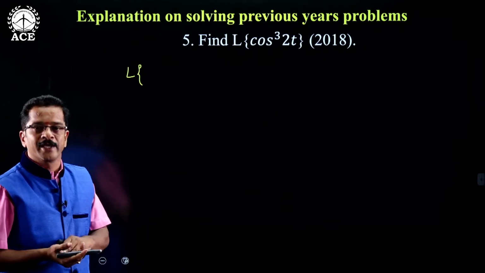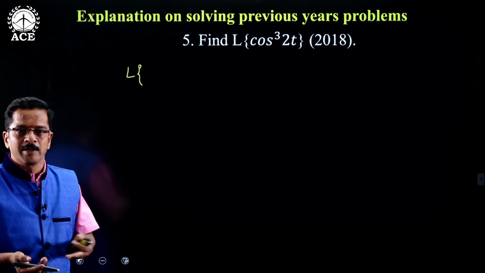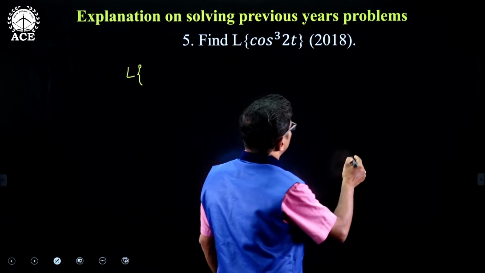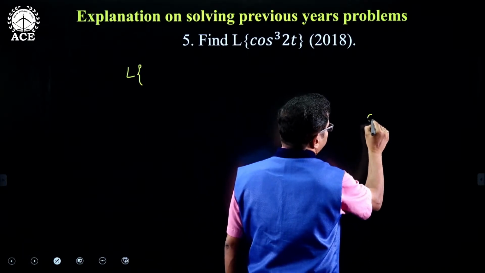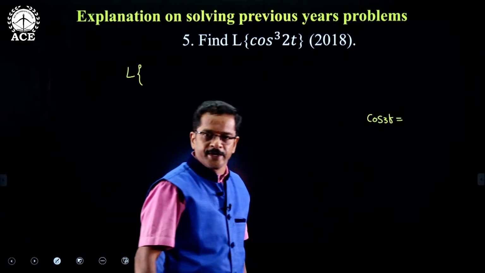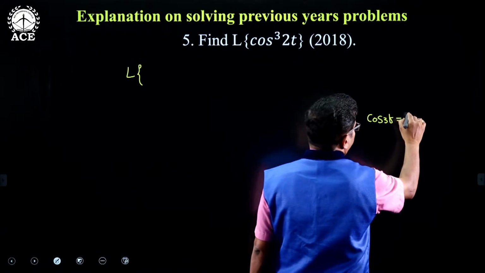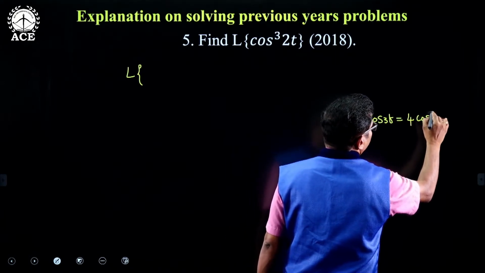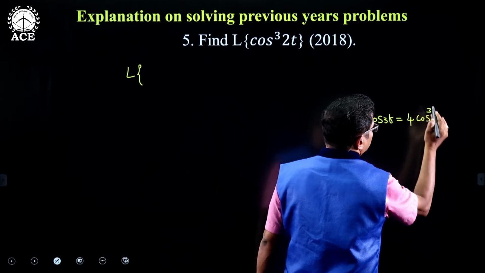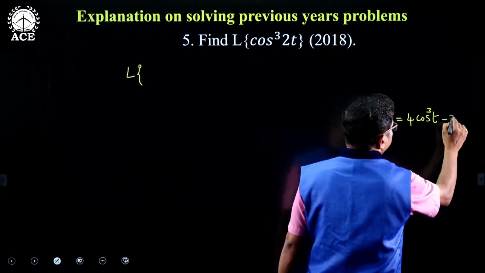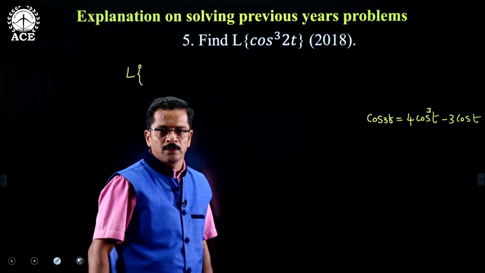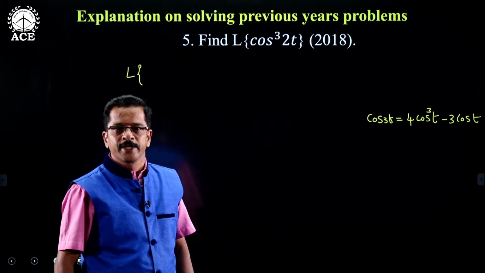Here, for cos cube, I need to quote one formula: cos 3t is 4 cos cube t minus 3 cos t. So this is the formula we had, 4 cos cube t minus 3 cos t.